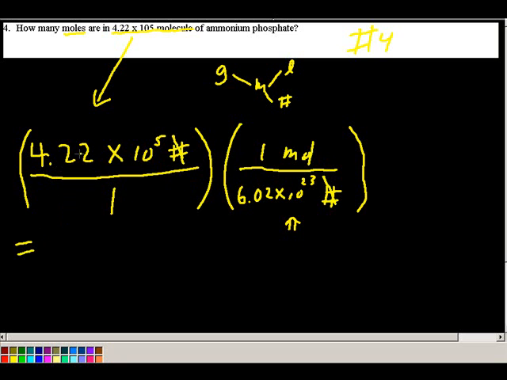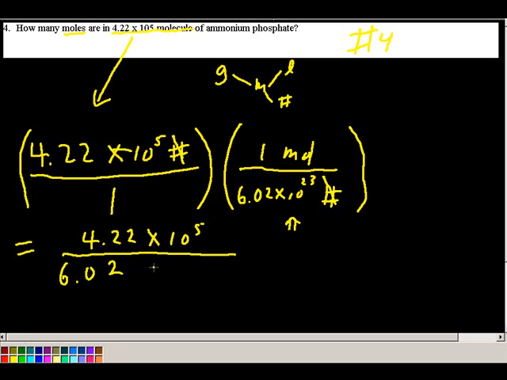Now, I'm going to do this since it allows us to see the scientific notation again. So we're going to multiply our numerators, and that's going to give me 4.22 times 10 to the 5th, and that's going to be divided by 6.02 times 10 to the 23rd.